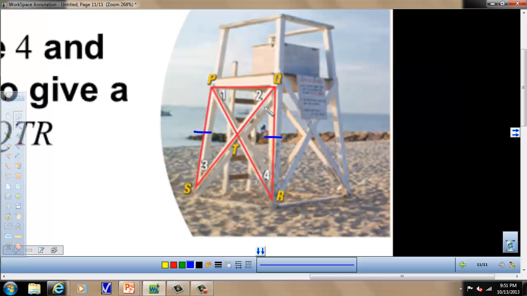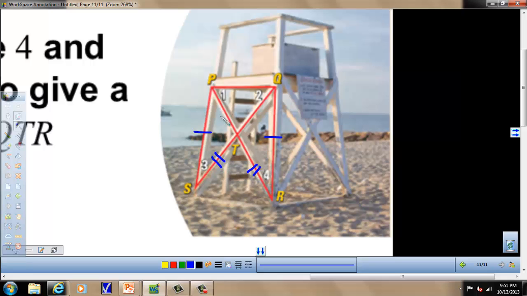So if PT and QT are congruent, and the whole thing QS and PR are congruent, we can use the segment addition postulate and state that since PT plus TR is equal to PR and QT plus TS is equal to QS, and we already know the whole lengths are congruent, and these short ones right here, PT and QT, are congruent, then we would know that TS and TR are congruent.